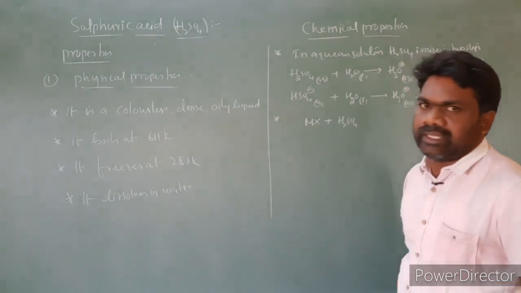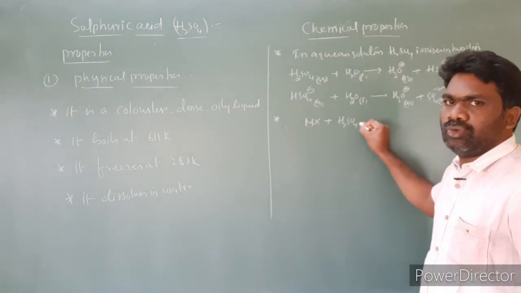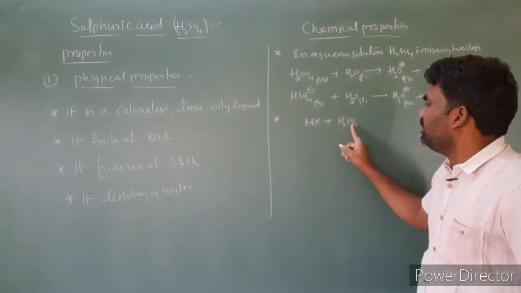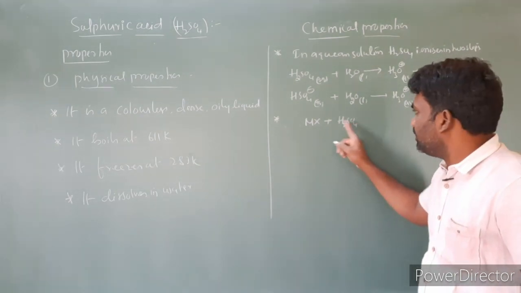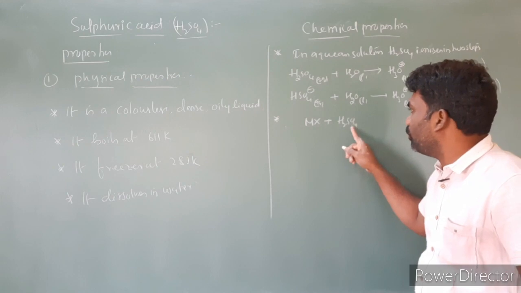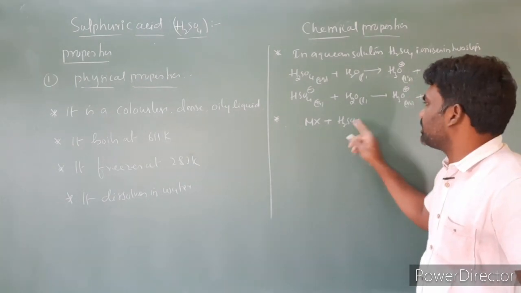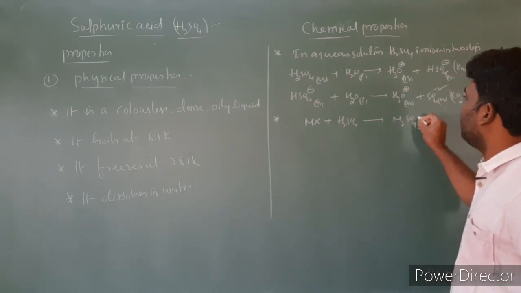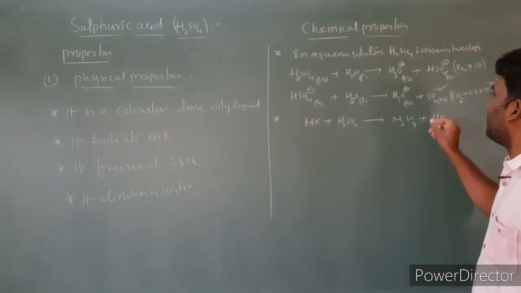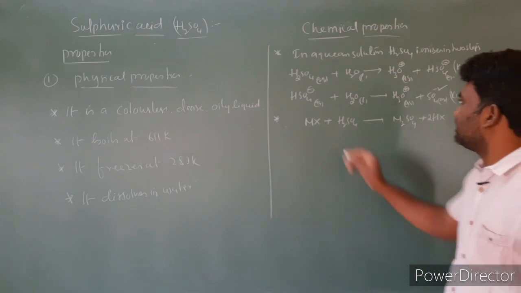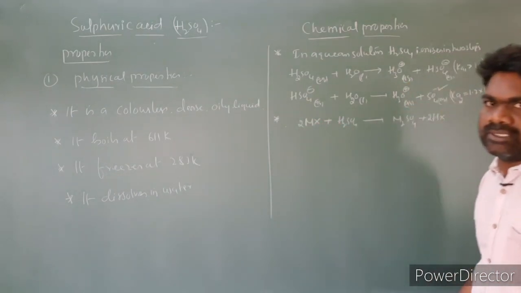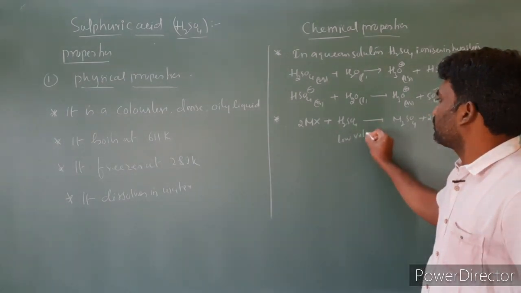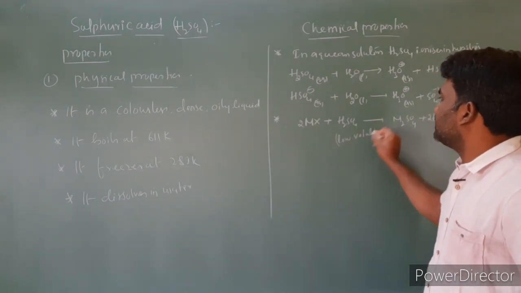H2SO4, so this is a low volatile acid. We are preparing high volatile acids by using a low volatile acid. So MX plus H2SO4 gives rise to M2SO4 plus 2HX.